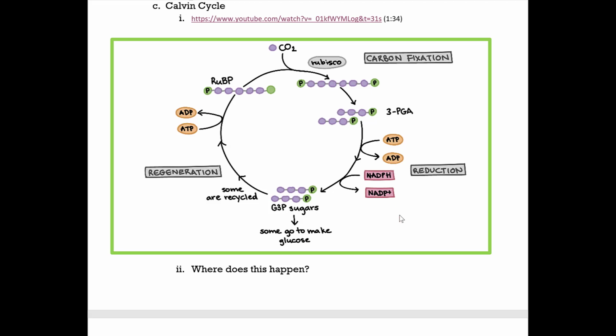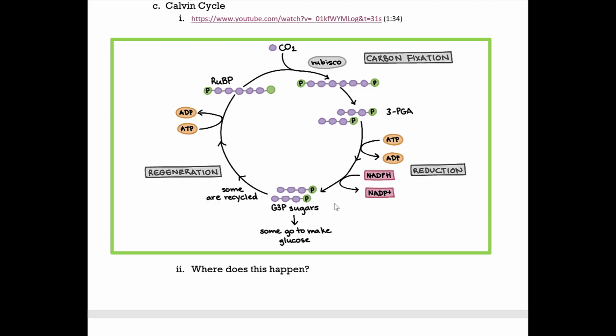And then at this moment, when ATP and NADPH arrive from the light reactions, they are reducing agents, and they will be donating the high energy electrons from the light reactions. So this whole stage is called reduction because we have electrons being added to these molecules.